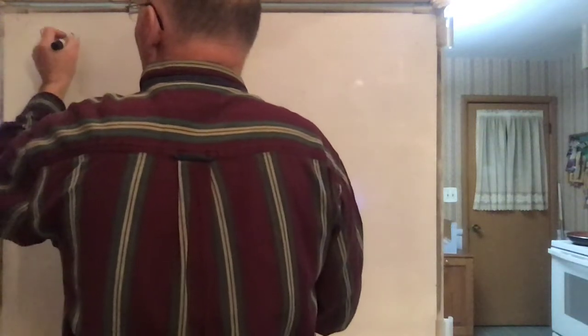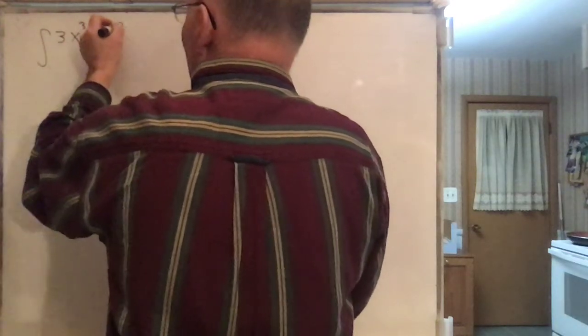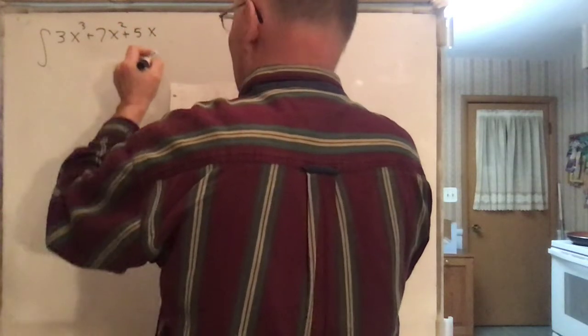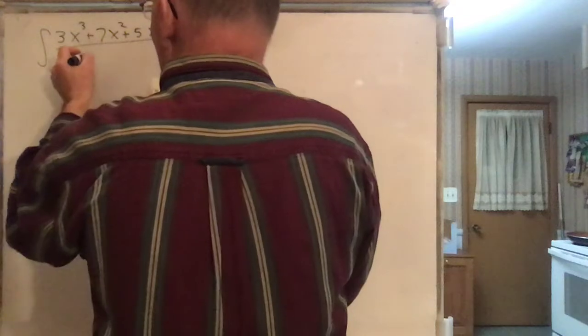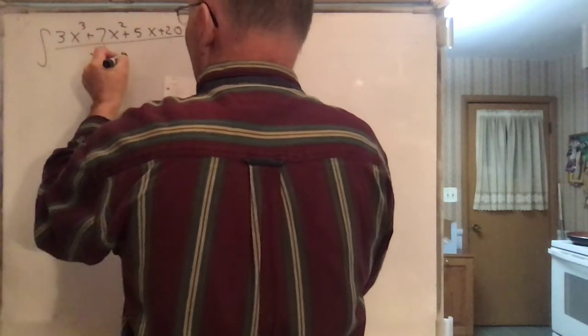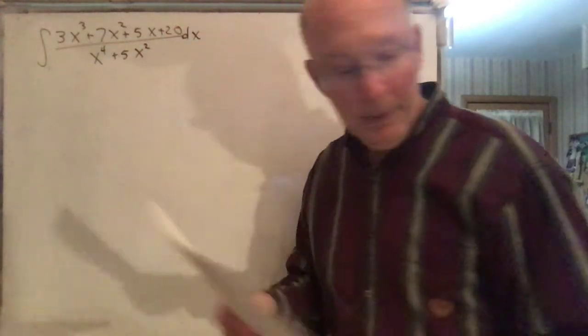It's 3x cubed plus 7x squared plus 5x plus 20 all over x to the 4th plus 5x squared. Okay?